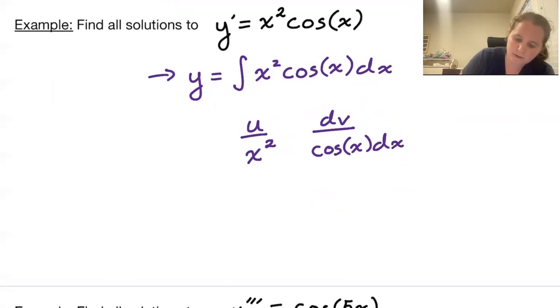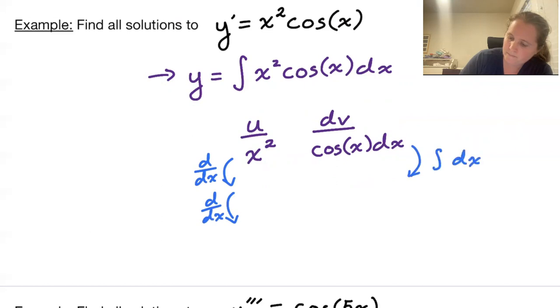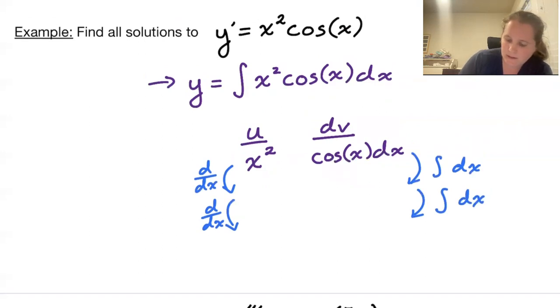So here we're going to take derivative, and here we're going to integrate. So derivative of x squared is 2x. The integral of cosine x is sine of x.